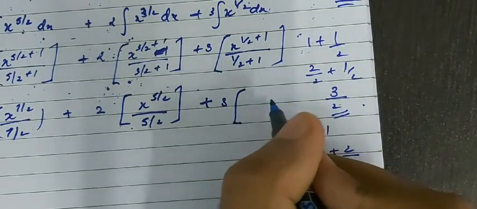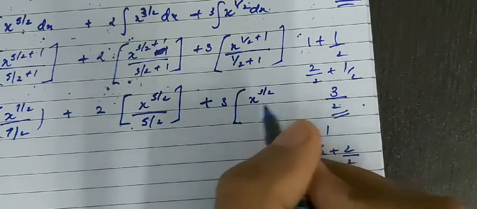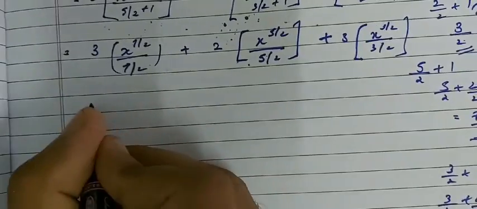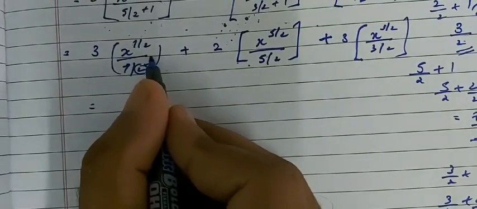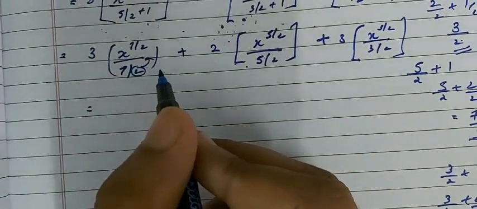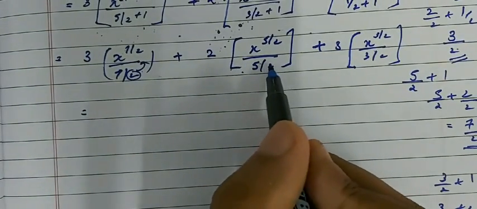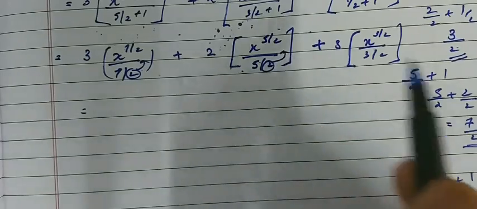So we just put it here, 3/2 over 3/2. Now here this 2 will go up because we want to multiply by the reciprocal of the denominator to make it proper.